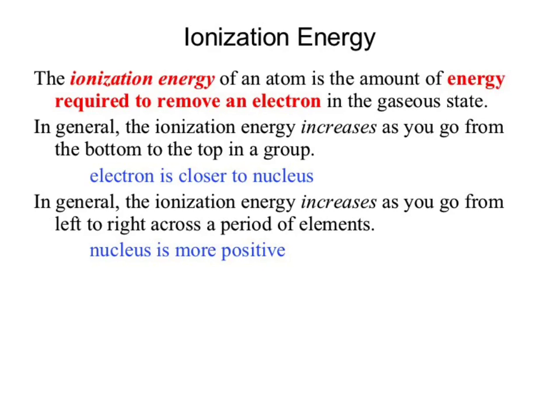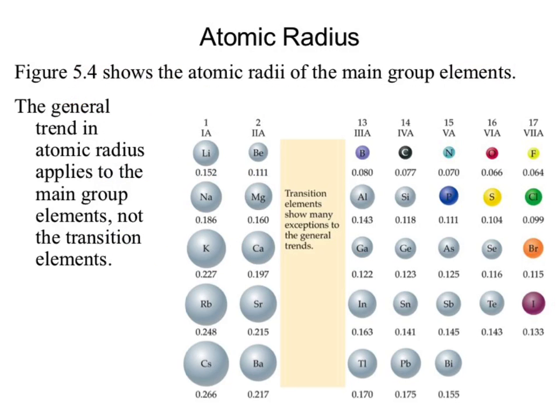Where is the electron, the highest energy electron for francium? Well, let's pick cesium because we got a picture of it. Where is it? Way out here. Where's the highest energy electron for lithium? If we were to draw it over the top, somewhere closer.